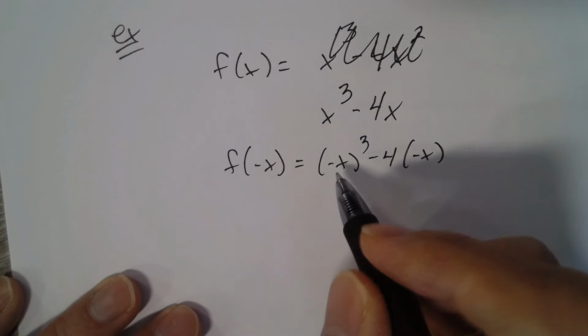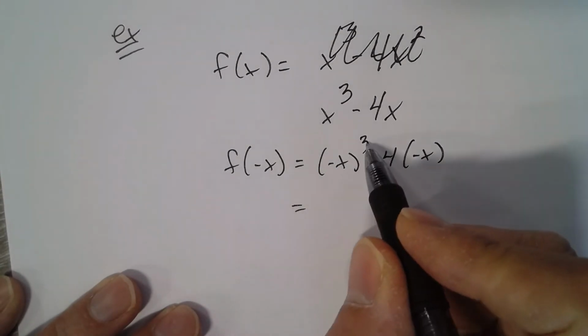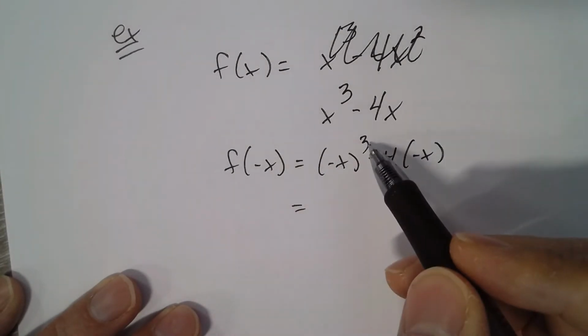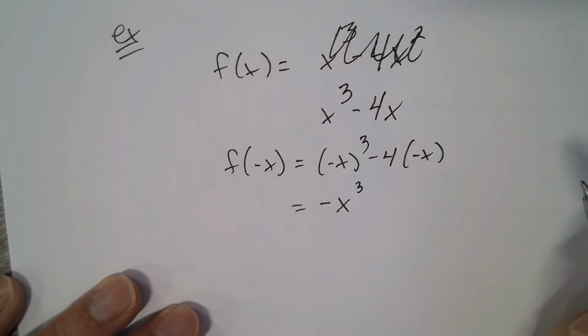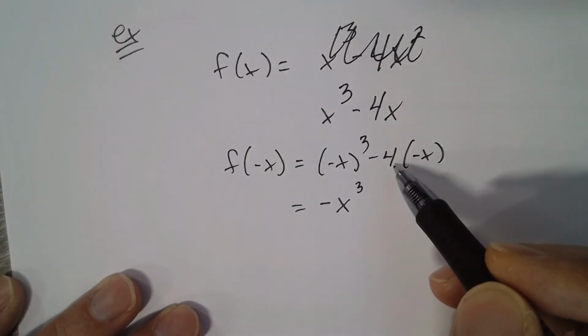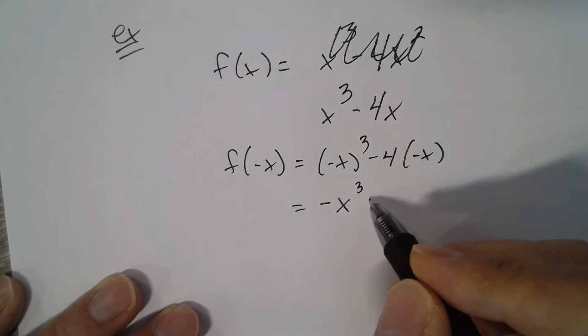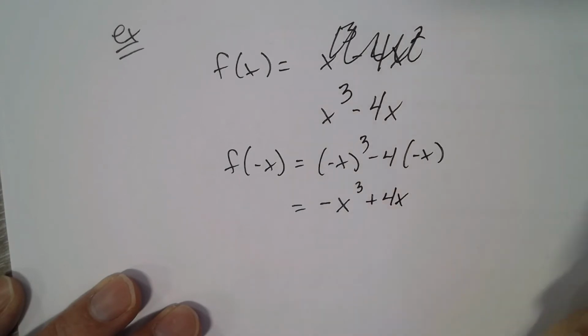Okay, so we're going to clean this up. Negative x to the third, an odd power, is just going to become the opposite of x cubed. And then minus 4 times negative x, so that's plus 4x.